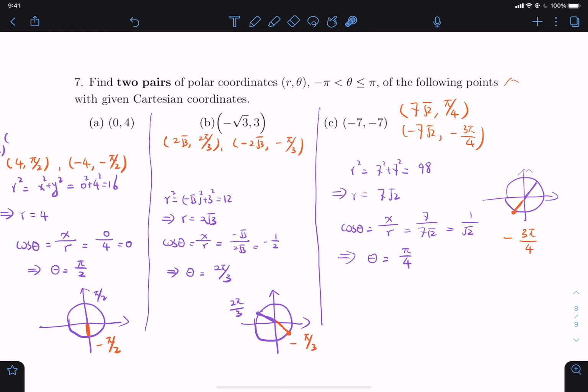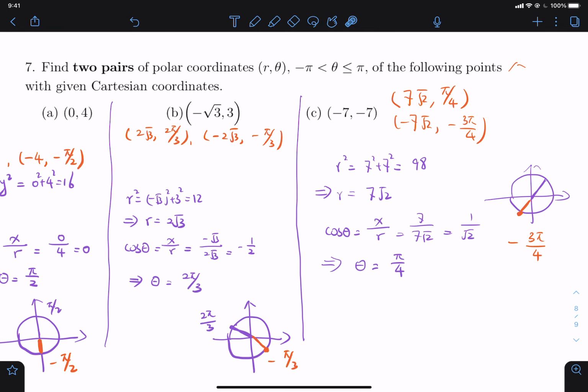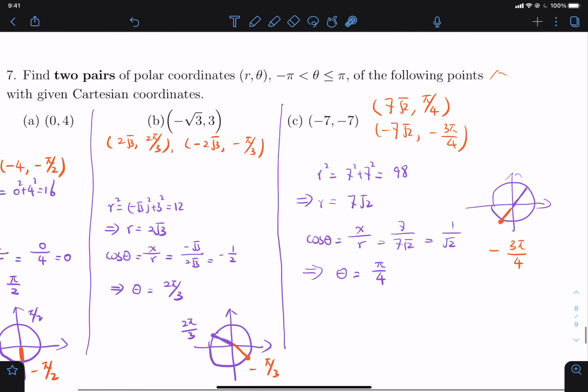And cos theta is x over radius, which is 7 over 7 square root of 2, which gives you 1 over square root of 2 when these two 7's cancel. And now we have cos theta equal to 1 over square root of 2, so theta is pi over 4. That's one possible theta. And we check that this theta is in this range, so it's a valid angle.